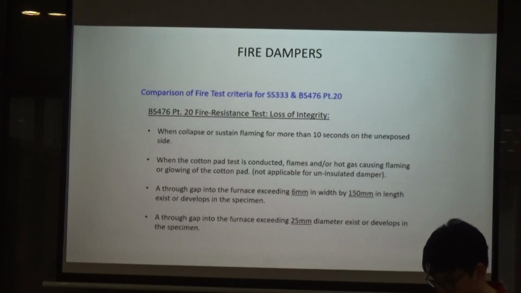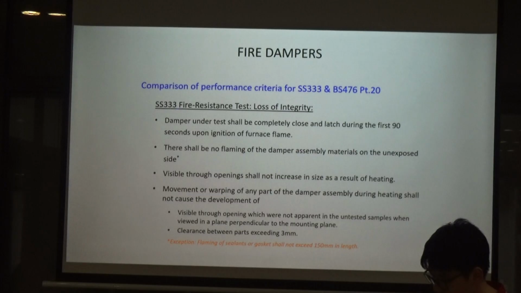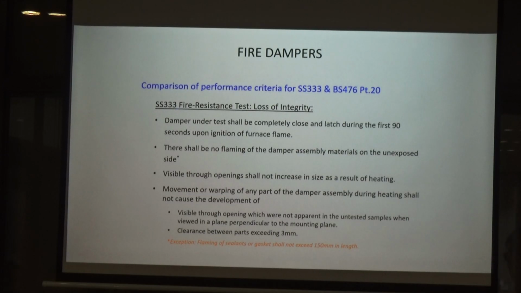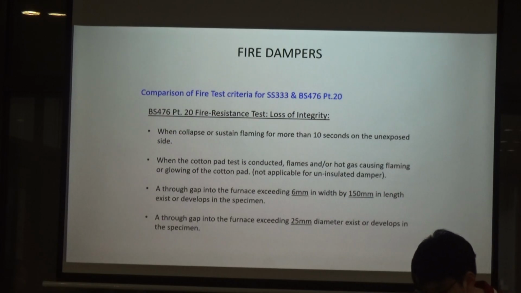Basically, the first criterion is no flaming on the unexposed side for 10 seconds. Secondly, for SS333 there's no gap bigger than 3 mm, and for 476 it is 6 mm.